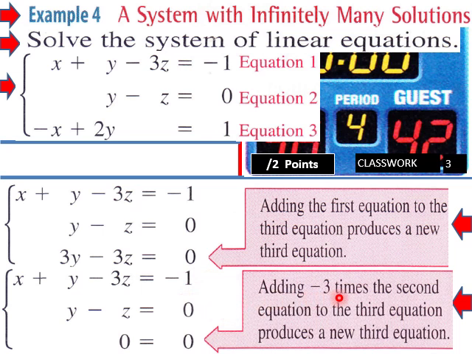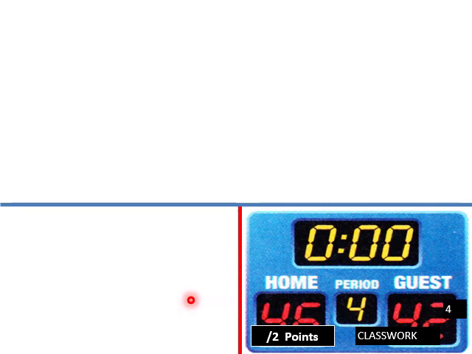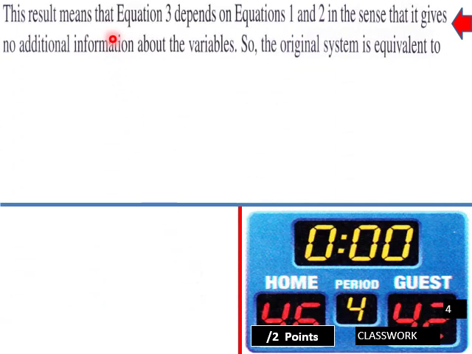Now we're going to add -3 times our second equation to the third equation, which produces a new third equation. So now when we do that, we have 0 equals 0. This result means that equation 3 depends on equations 1 and 2.